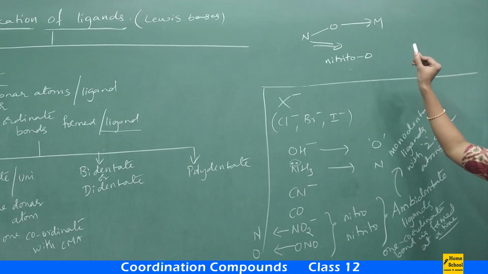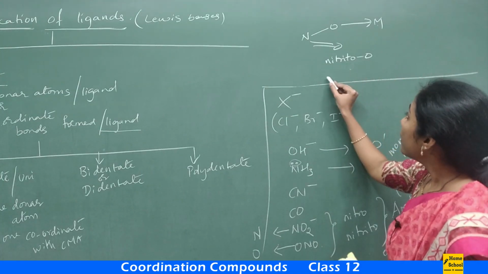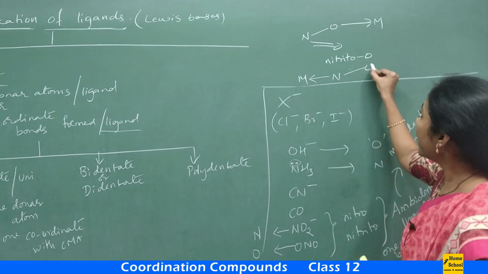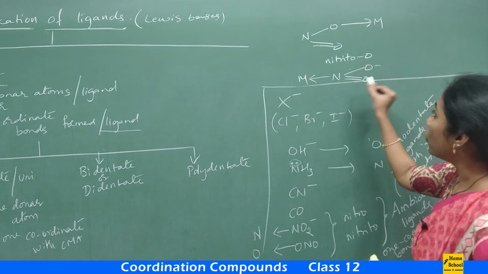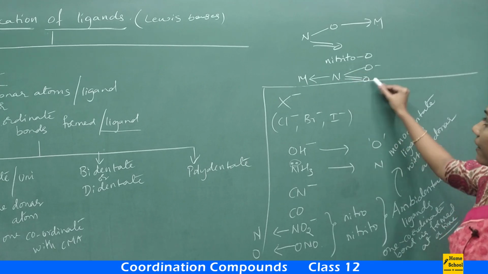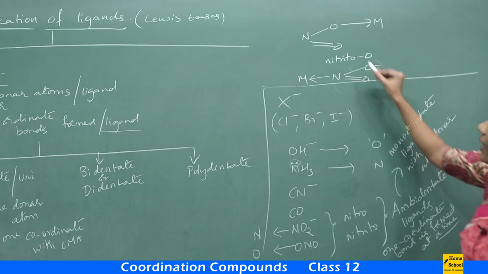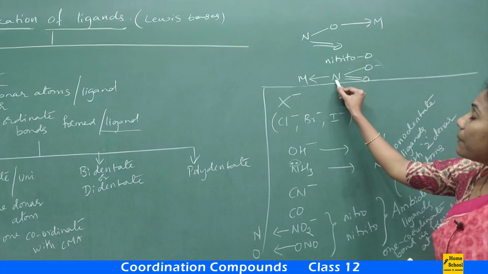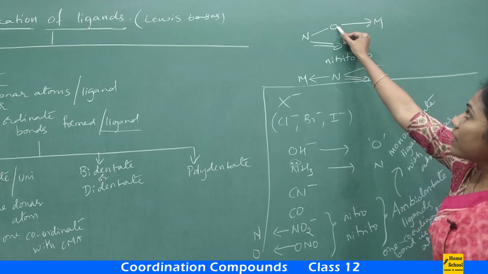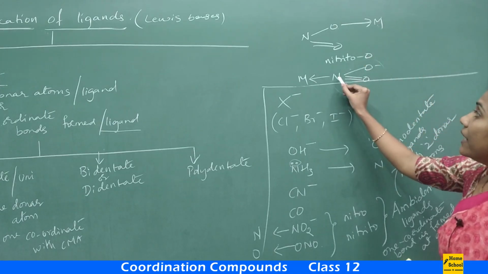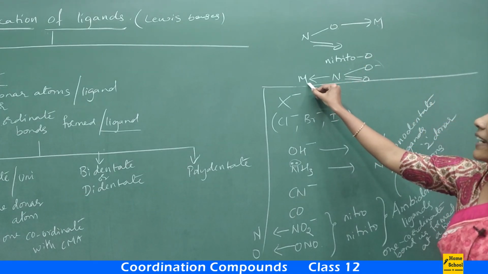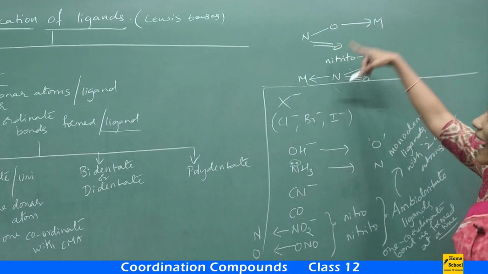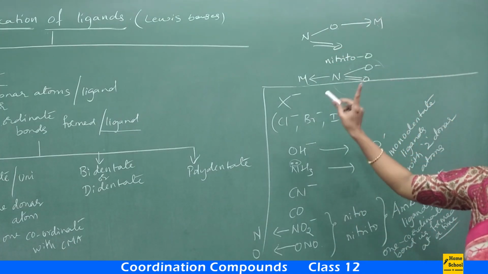Or if the linkage is from N to the central metal atom, O minus double bond O. See here, in the same nitro ligand, the linkage can be from oxygen to the central metal atom, or from nitrogen. Oxygen can behave as a donor atom, nitrogen can also behave as a donor atom, but only one bond at a time. Bond formation from both at the same time you don't observe.